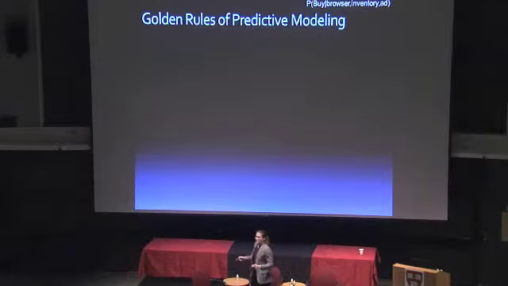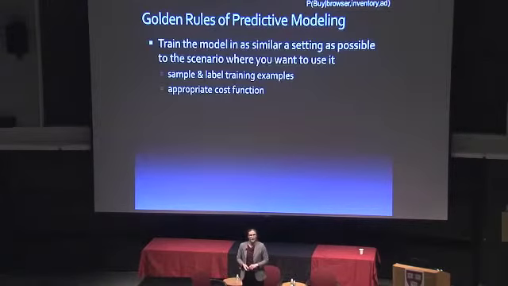Now, what is the golden rule? If you study machine learning and predictive modeling specifically, what are they going to tell you? Well, the statisticians will tell you it has to be IID, right? The test set has to be IID, meaning the data where you want to use the model is supposed to be as close as possible to the data you have to estimate it.